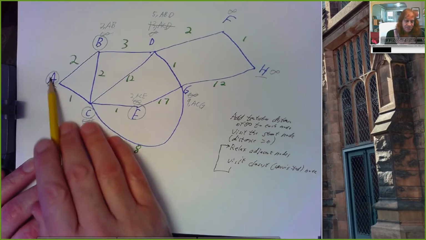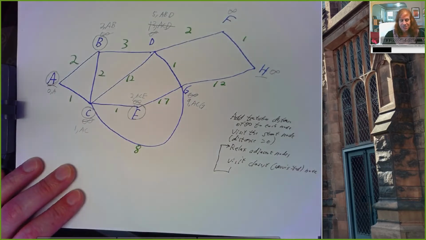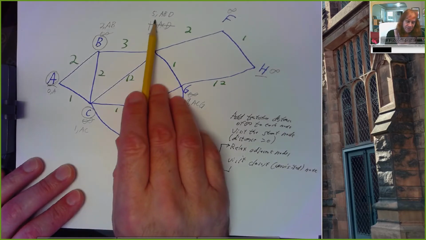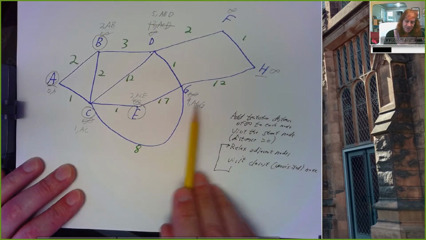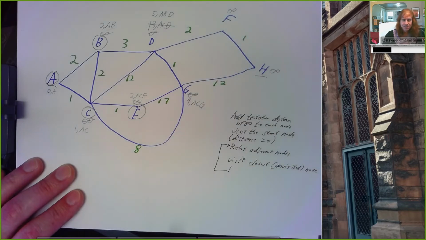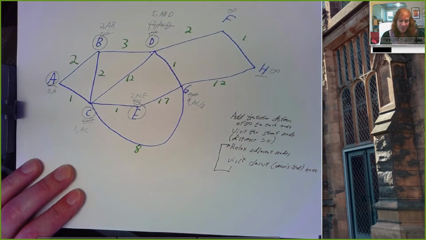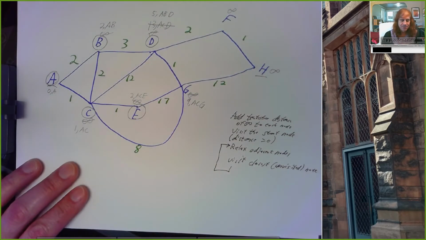And these nodes have been visited, so we're done with the relaxation step. So now visit the closest node. So total distance from the start, there's a 5, there's a 9, there's some infinities. So our closest node is here, that's D, and now we relax from D.